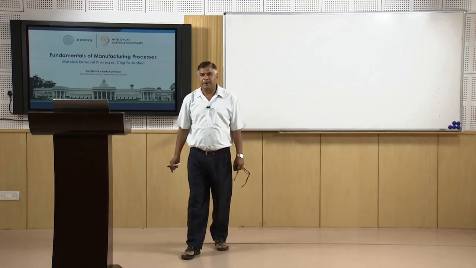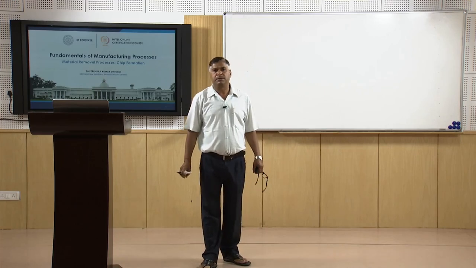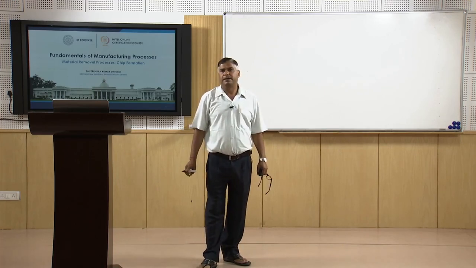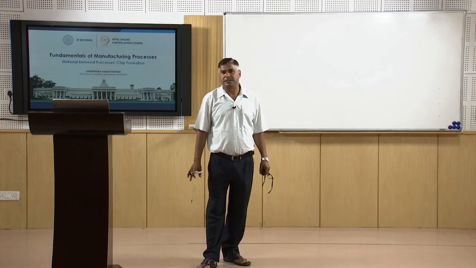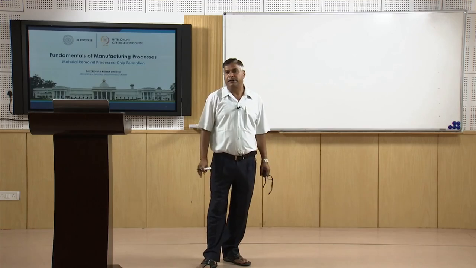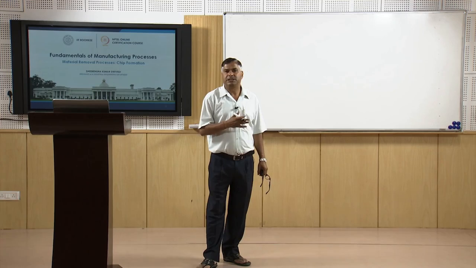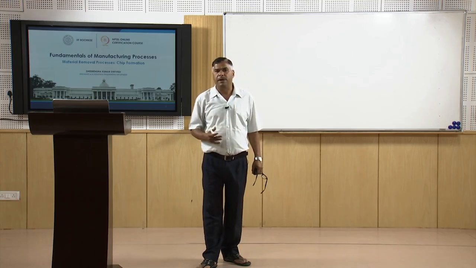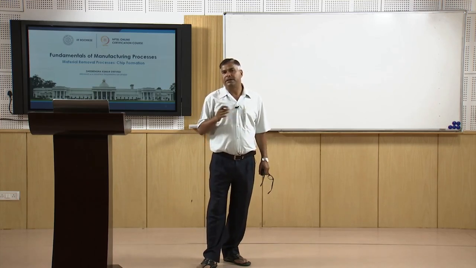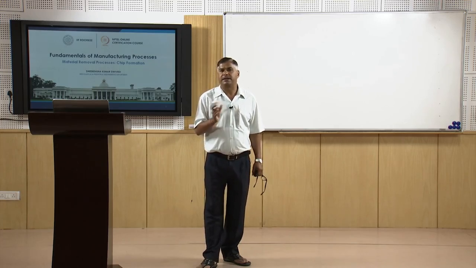So, now I will summarize this presentation. In this presentation I have talked about machine tools and the actual chip formation approach. We have seen that the actual chip formation approach is different from the ideal chip formation, because here the shearing takes place over a certain zone, and the shearing also takes place between the tool rake face and the chip.